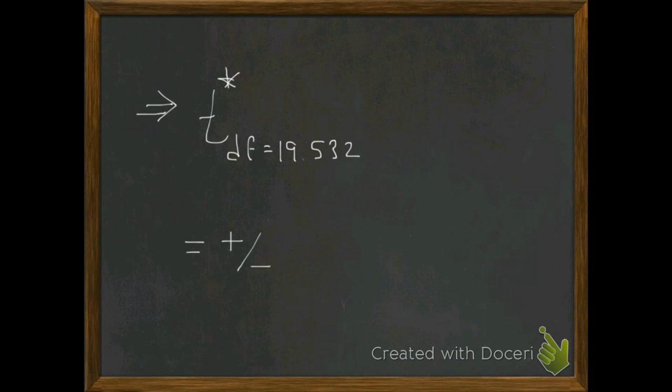So gang, this tells us that our T critical for the degrees of freedom 19.532 is plus or minus 2.089.